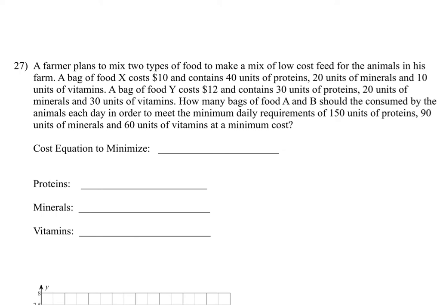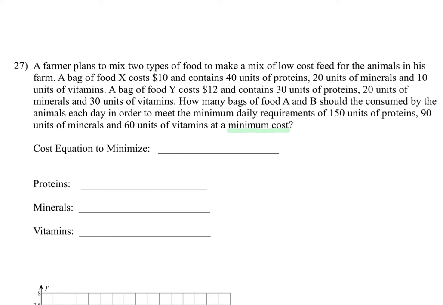If I read through this whole problem, at the very end it says how many bags of food should be consumed in order to meet the minimum requirements at a minimum cost. So you can see that he's trying to minimize his cost. I actually put here cost equation to minimize. So we are going to look first at everything that has to do with cost.